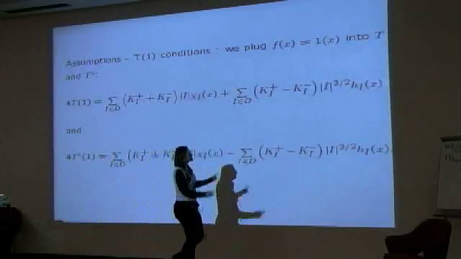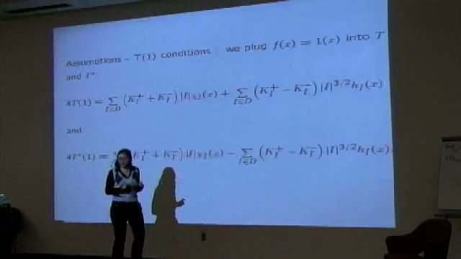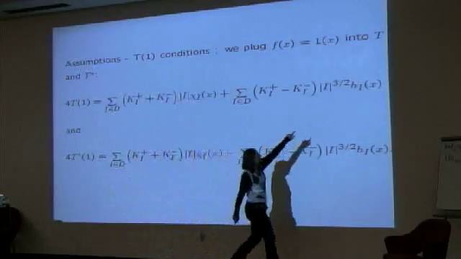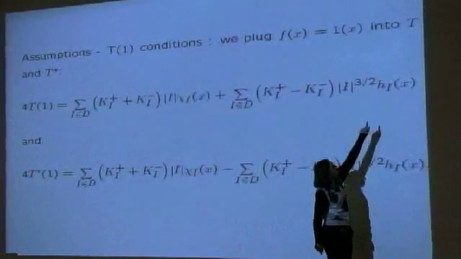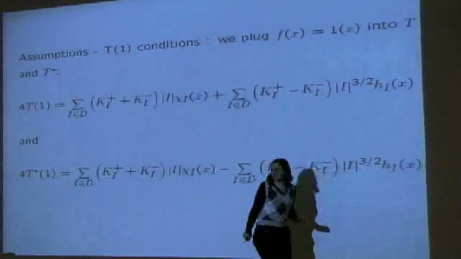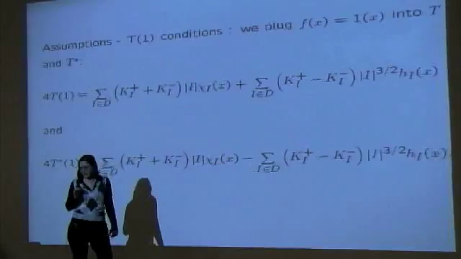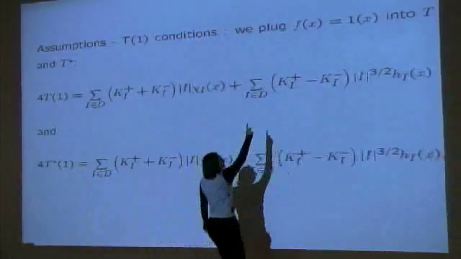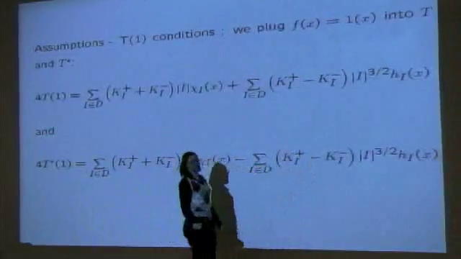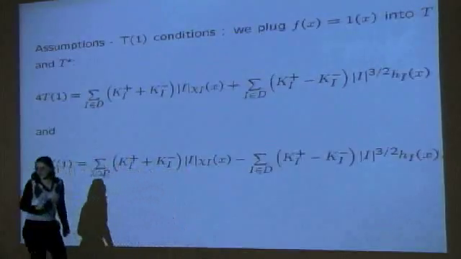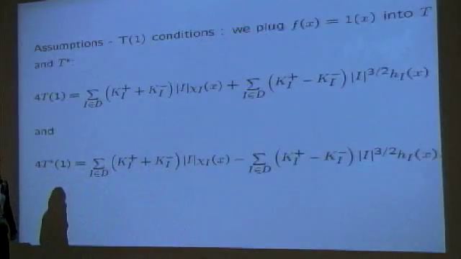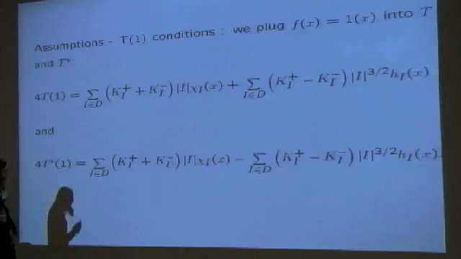When I dot it with the H_j, in the second part, when I dot H_I with H_j, the only thing that I'm getting is when I is equal to j. The H's are normalized in L2, so their dot product is 1.